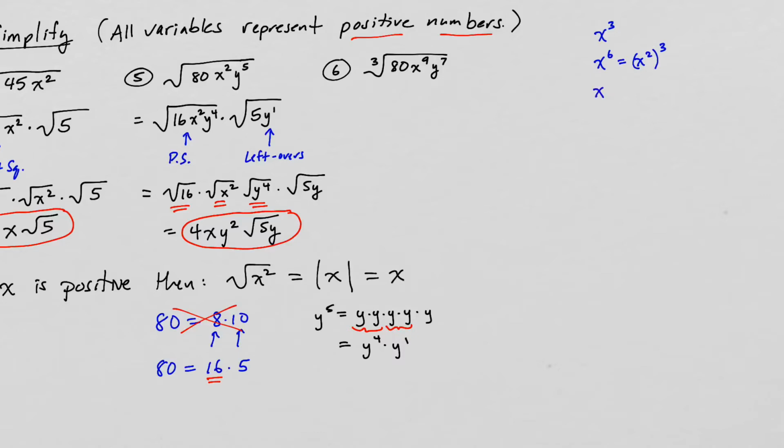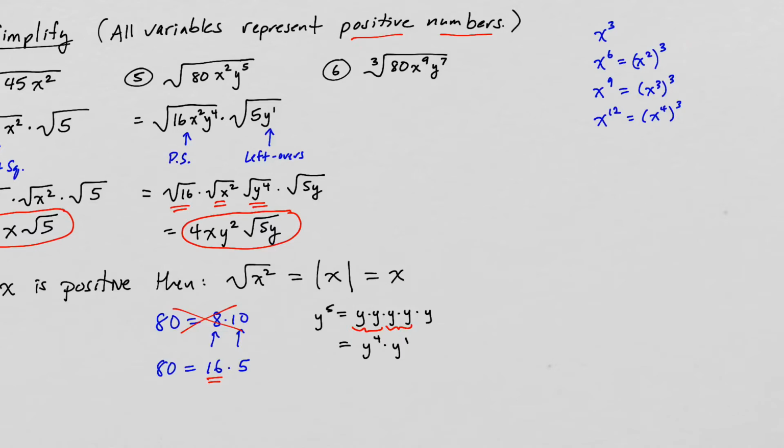X to the 9th would also be a perfect cube because that's x cubed cubed. And so is x to the 12th. That's x to the 4th cubed. Basically, anytime you have a power that is a multiple of 3, that's always going to be some kind of a perfect cube.